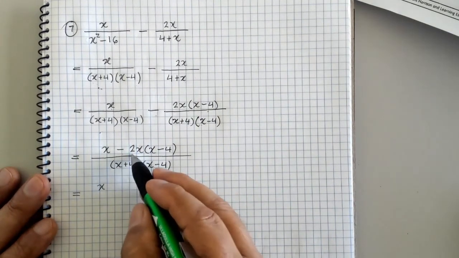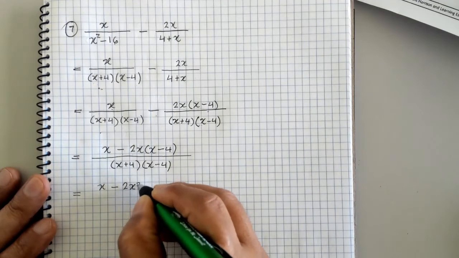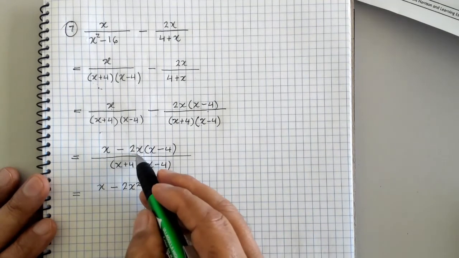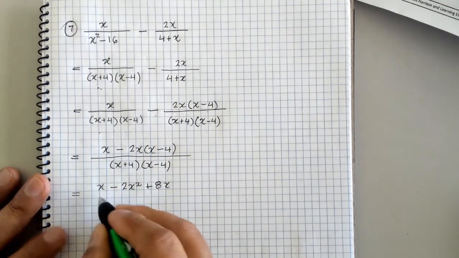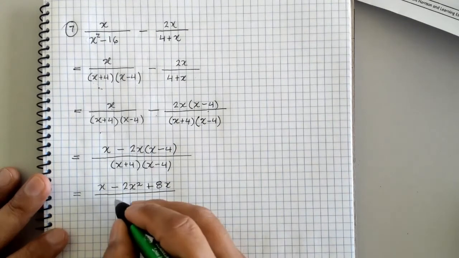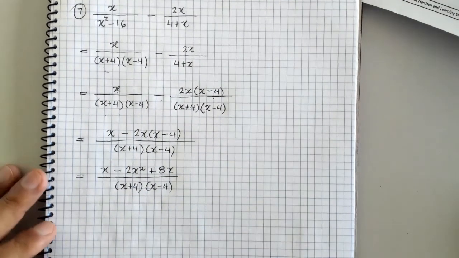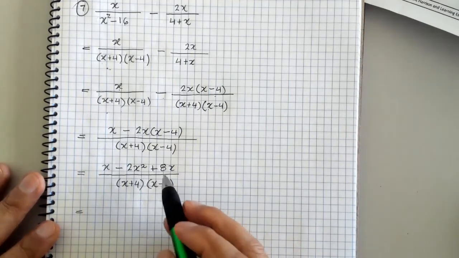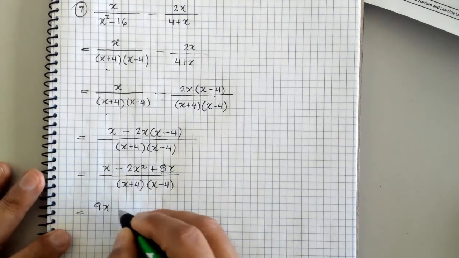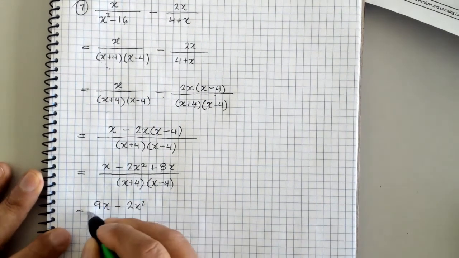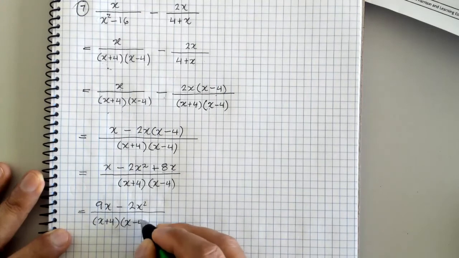Now negative 2x times x is minus 2x squared, and then negative 2x times positive 4 will give you plus 8x, and then we do this x plus 4, x minus 4, and then we simplify if that is possible, and it is, because we got 8x plus another one, so it's going to be 9x minus 2x squared, and all that will be divided by x plus 4, x minus 4.